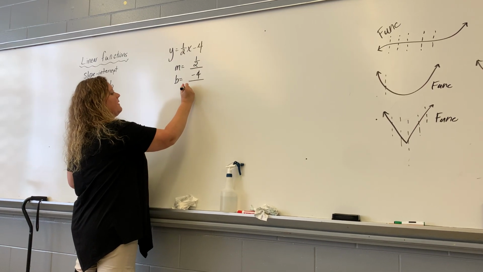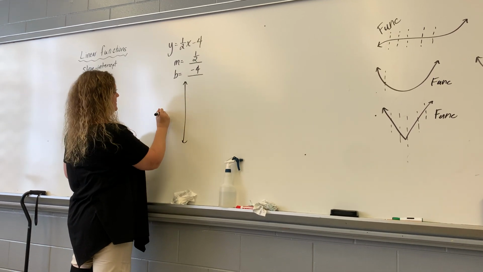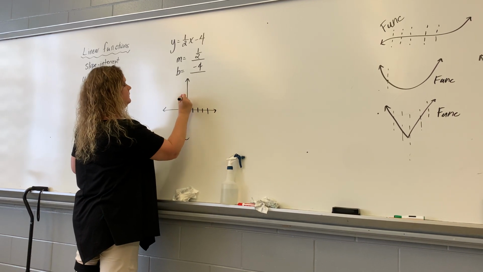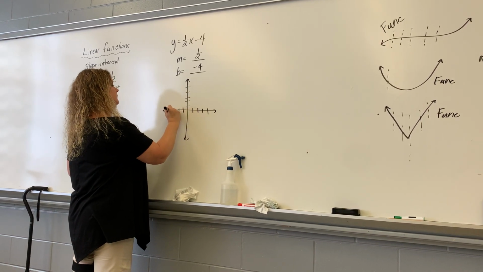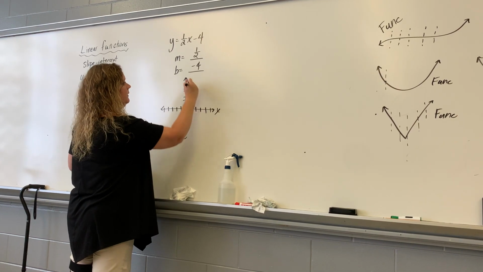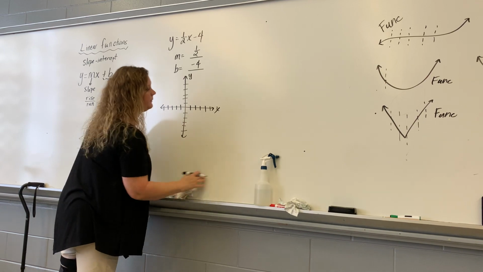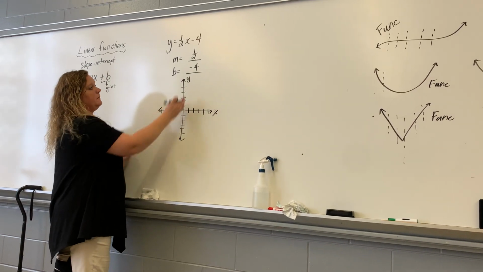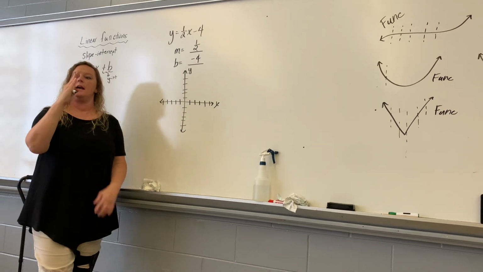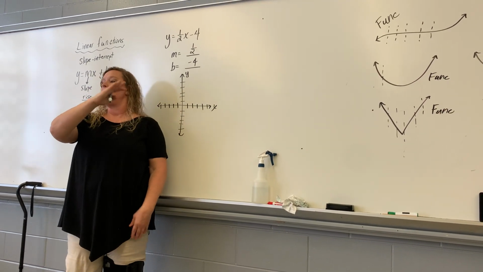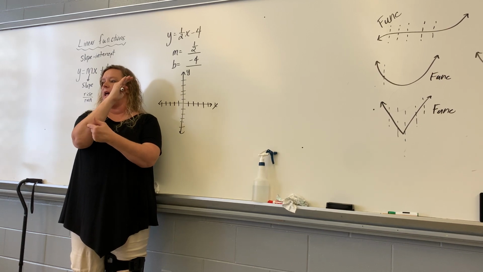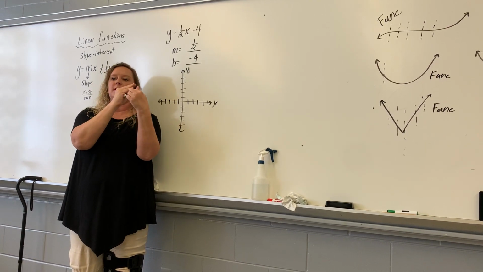So if I were going to graph this, we'll pretend that's straight. Okay. So you always start with this. This is your beginning point. Slope tells you the slant of the line, but you have to know a starting point. So you have to know one point on the line before you can count to the next point.